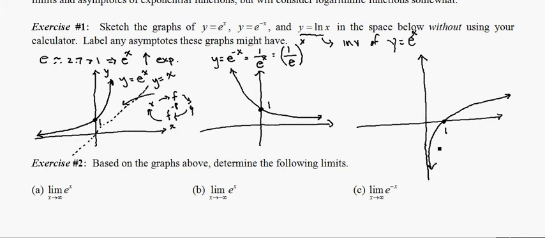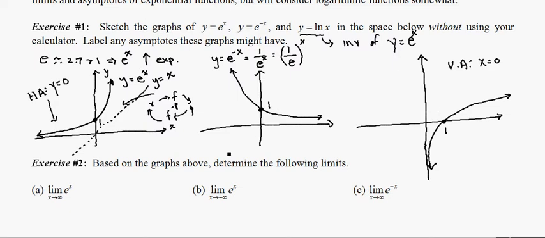It makes a lot of sense when you look at these. Think about it. y equals e to the x has a horizontal asymptote of the x-axis, y equals 0. So does y equals e to the negative x. y equals ln of x, on the other hand, has a vertical asymptote of x equals 0.